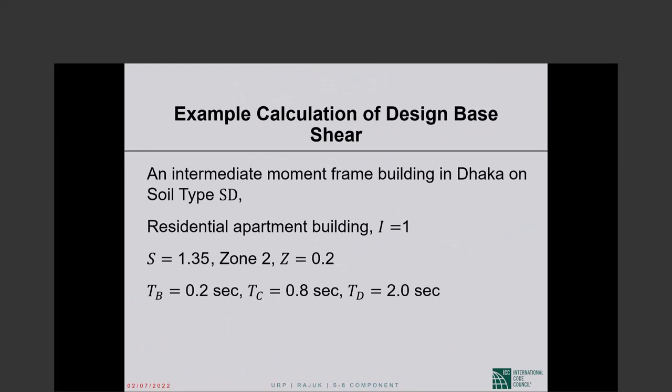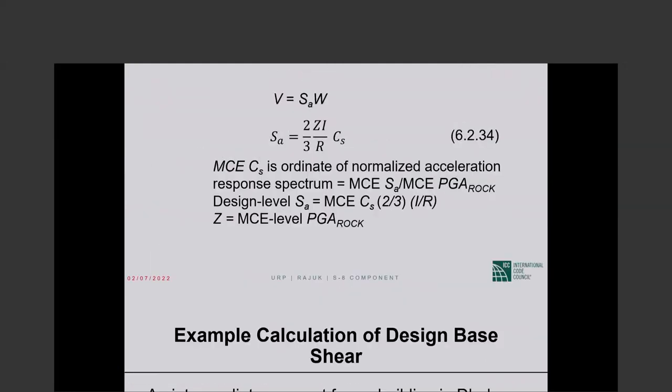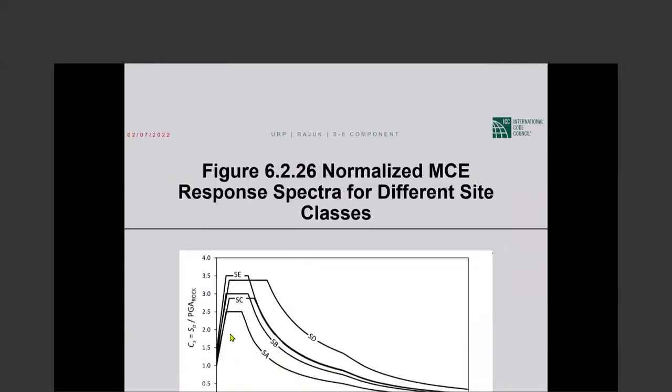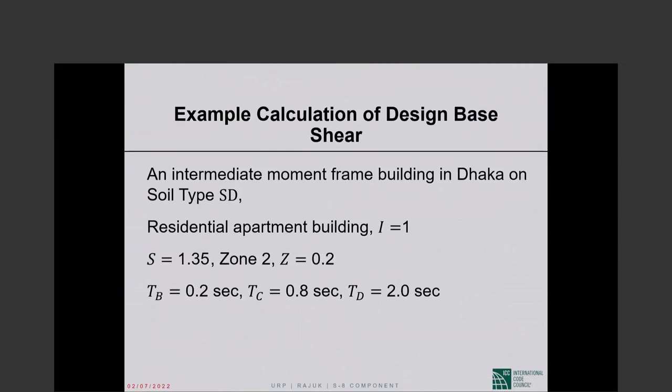We will run some numbers. I think this is the best way to get anything across. An intermediate moment frame building in Dhaka on soil type SD, a residential apartment building, so we take I equal to 1. S is 1.35 for SD soil. Dhaka is in zone 2, and you have seen Z is 0.2.